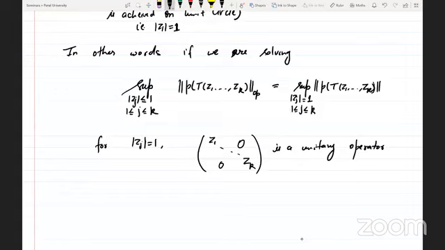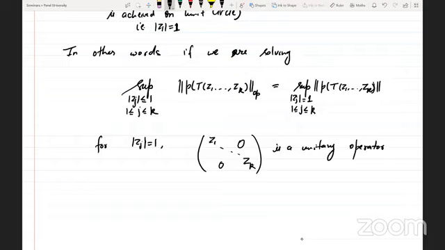It becomes a unitary operator, because the eigenvalues are on the circle, and if you write down the inverse, it is basically the star.